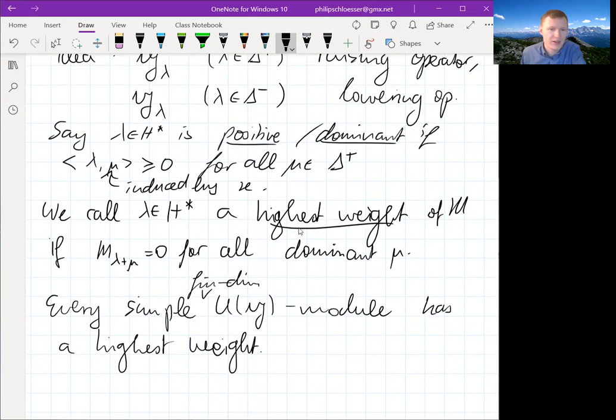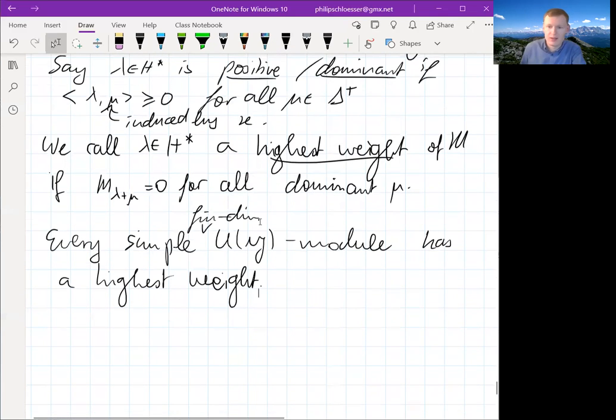If it didn't have a highest weight, then it would have infinitely many non-zero weight spaces, so it would be infinite dimensional.